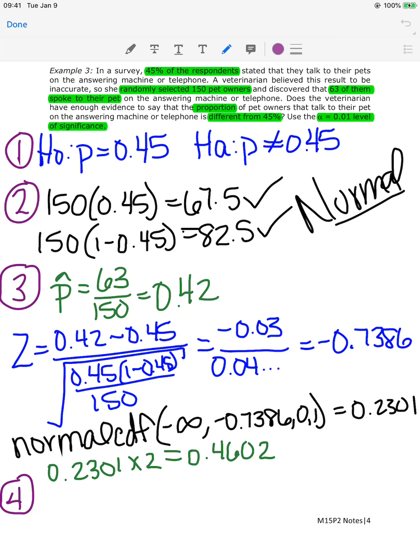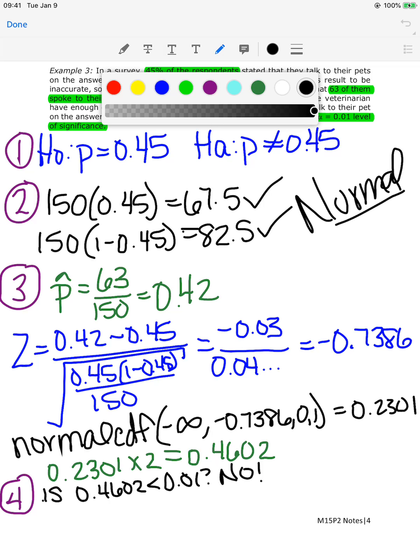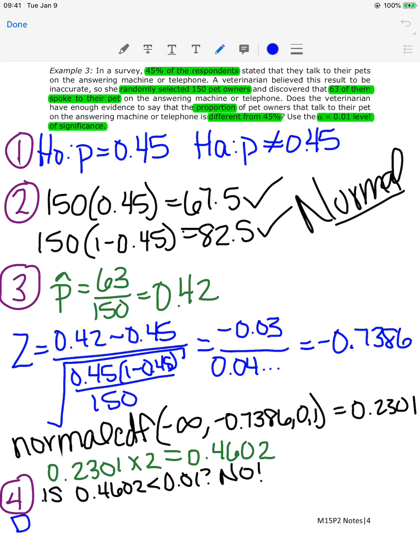That z-score equation was too big. So is 0.4602 less than 0.01? No. So we do not reject. And this part gets a little funky too.